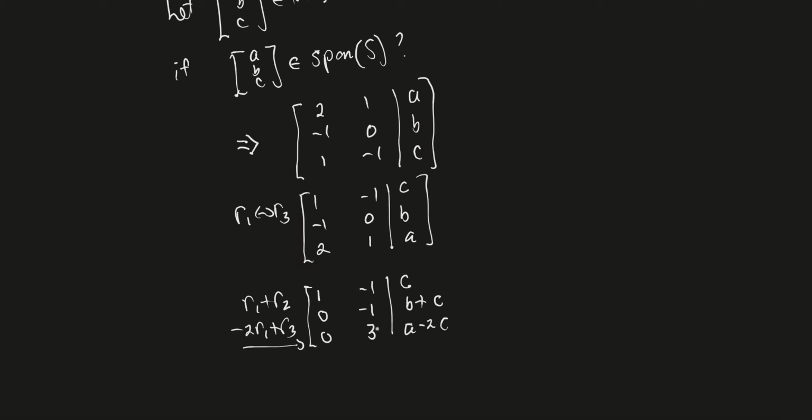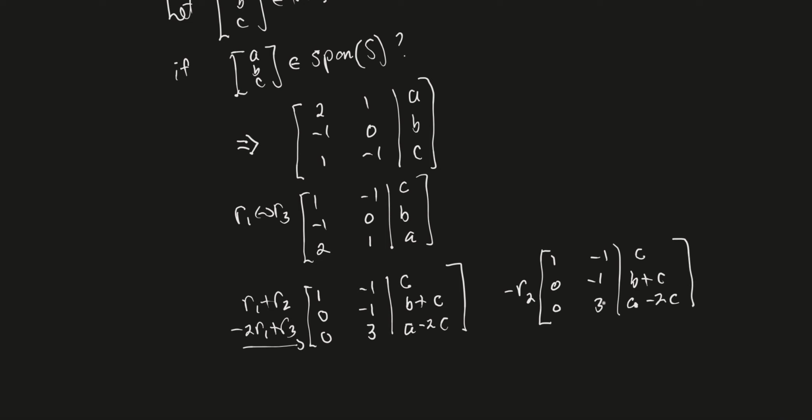And then let's go ahead and eliminate this. Technically we could do it without making this a pivot, but let's go ahead and make it a pivot anyway. So if we take negative row 2, that produces 1, -1, c, then 0, 1, -b minus c, and then 0, 3, a minus 2c.